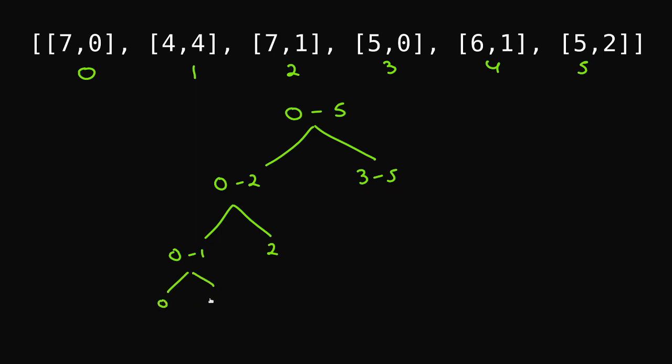This is again two parts, 0 and 1. This is going to be 3 to 4, 5, and this is again going to be two parts, 3 and 4. This helps me develop a better understanding of the segment tree, because I can just see the ranges as well. I'll write these ranges in square brackets so we don't get confused between the values and the ranges.